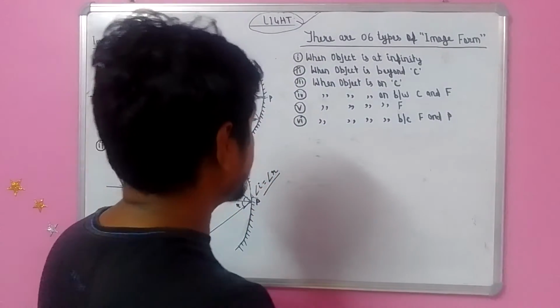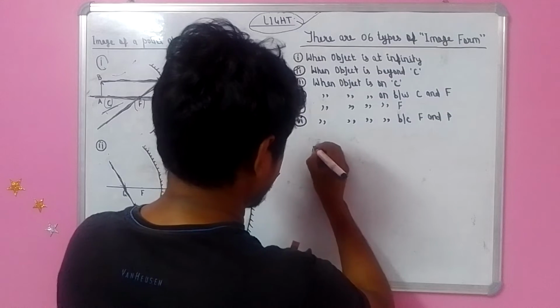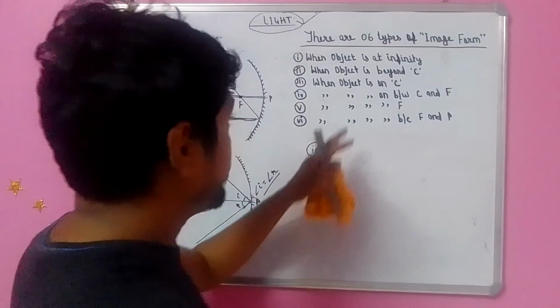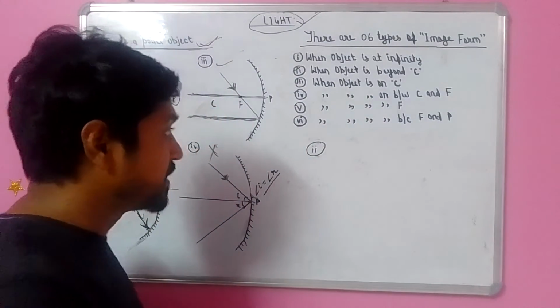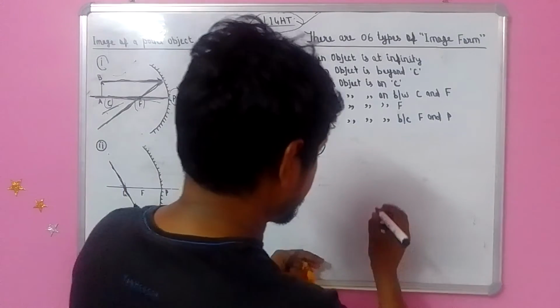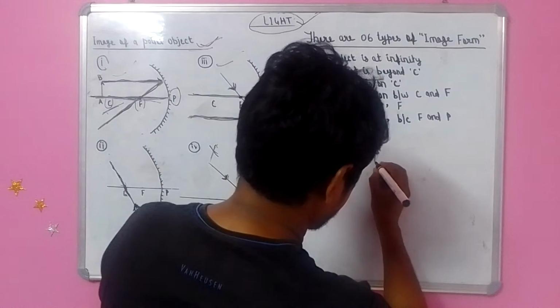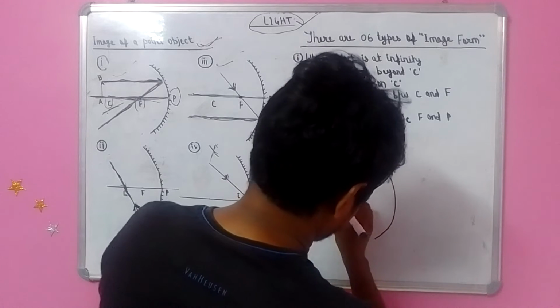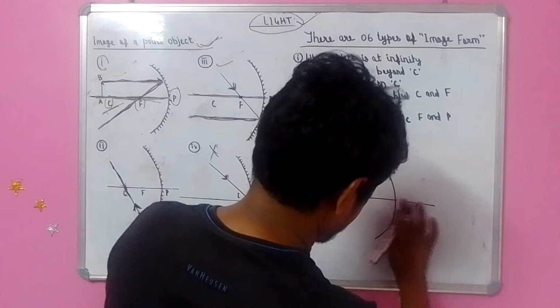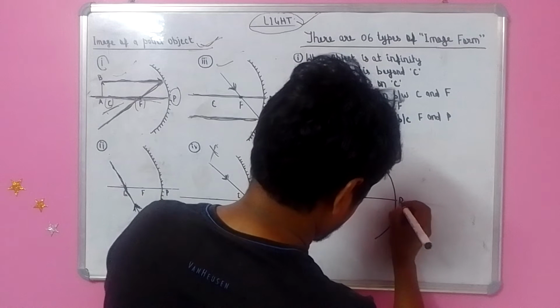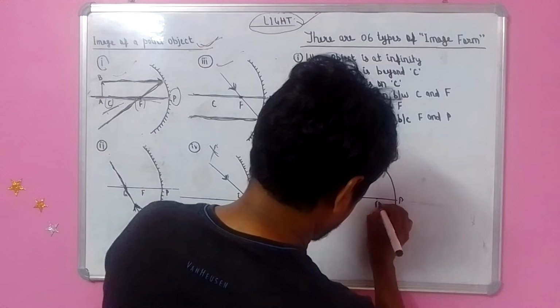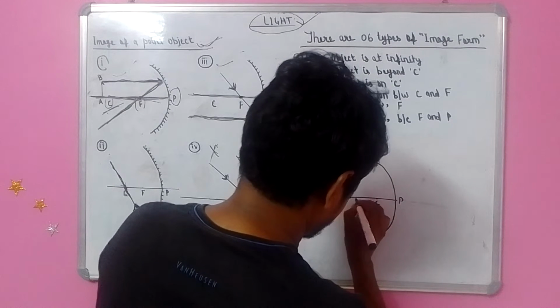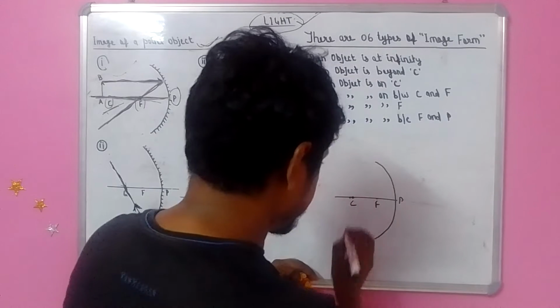We'll see the second point. When the object is beyond C, meaning nearby C. This is the pole, this is the focus, this is the center of curvature.